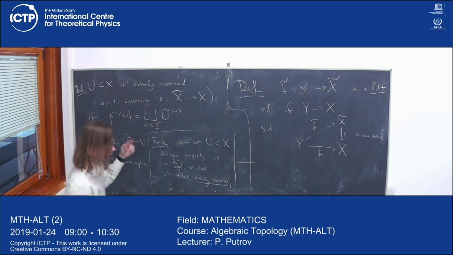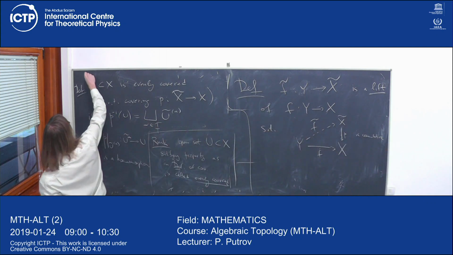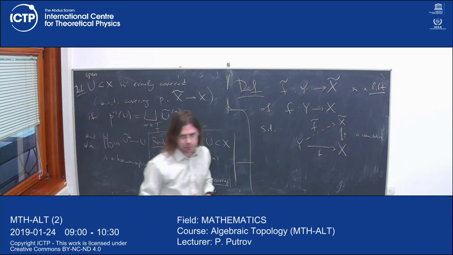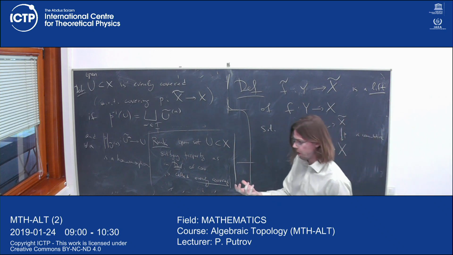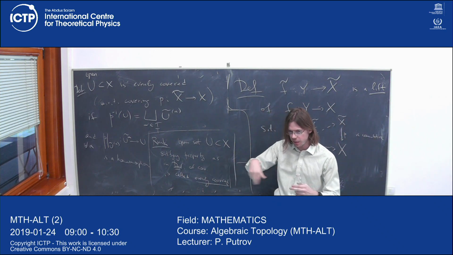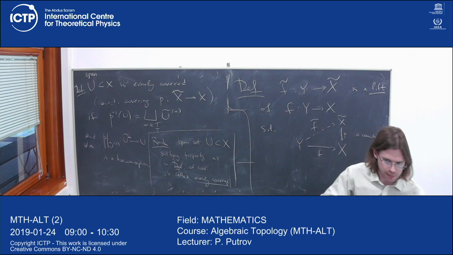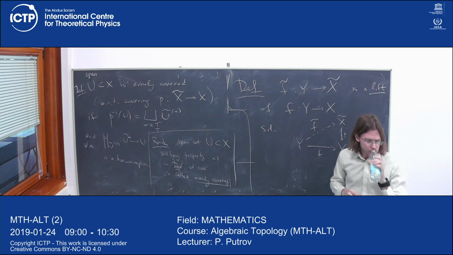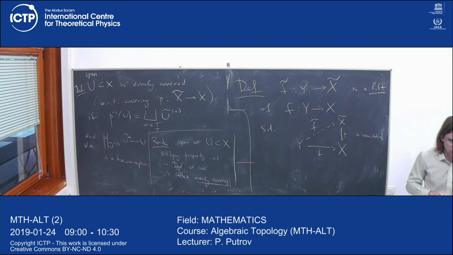Like in this example of the real line covering S1 evenly, so this is open. For example, the evenly covered sets are open, like open arcs in S1, so they lift to a disjoint union of open intervals in R. So we don't see the infinite helix as the covering, but just the real line.